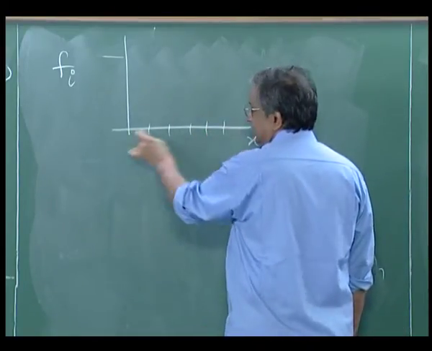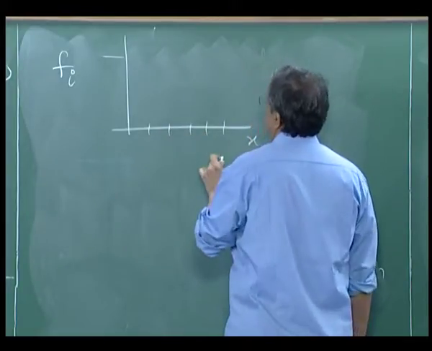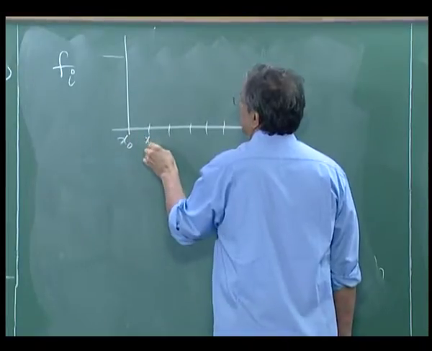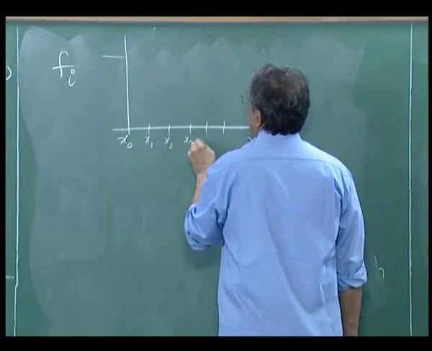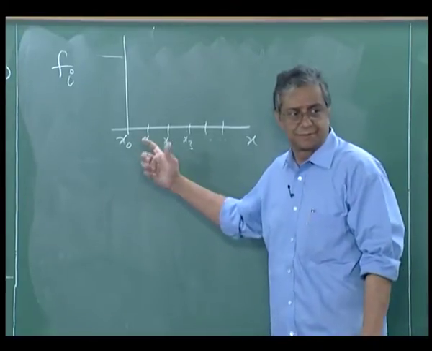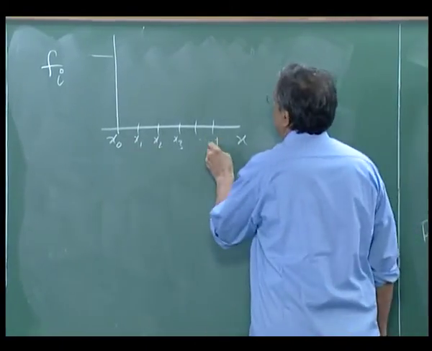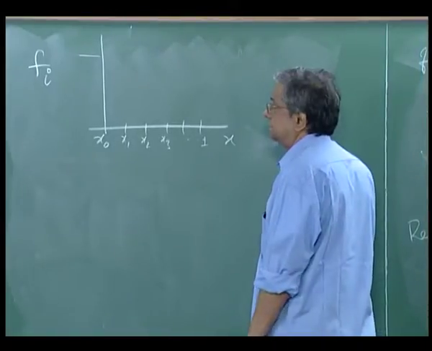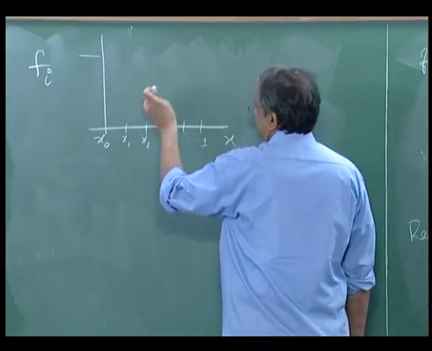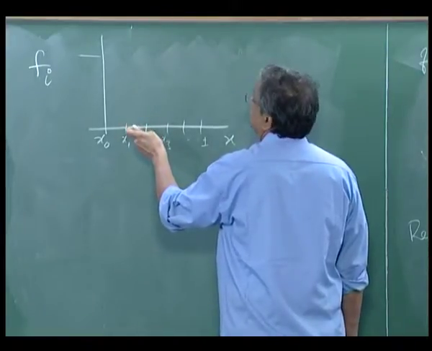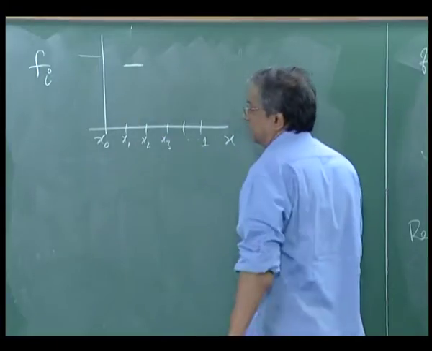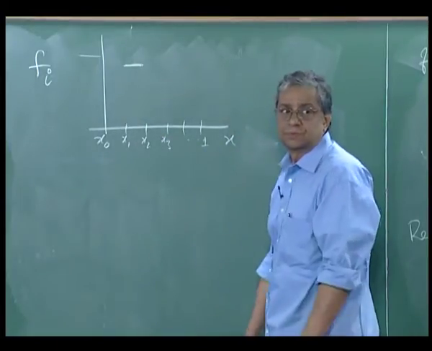If I have n intervals, I number these x0, x1, x2, x3 and so on, all the x's are equally spaced, and this goes till 1. My ith function, so the second function for instance, will be non-zero from x1 to x2.